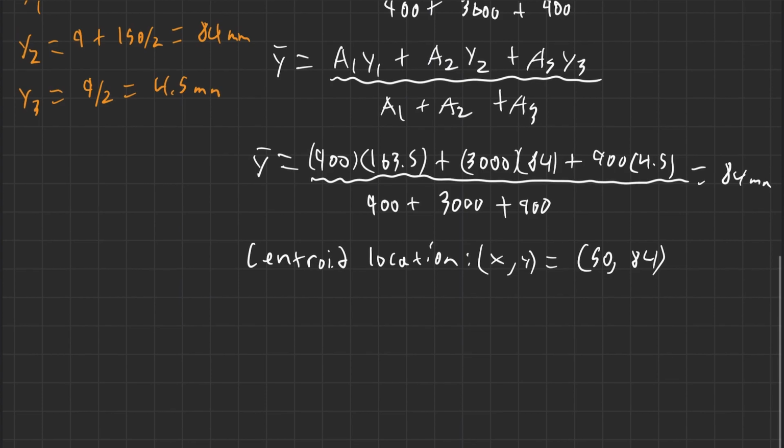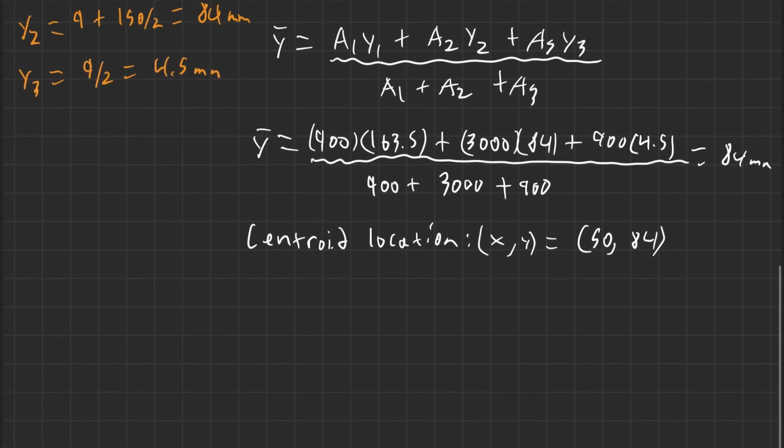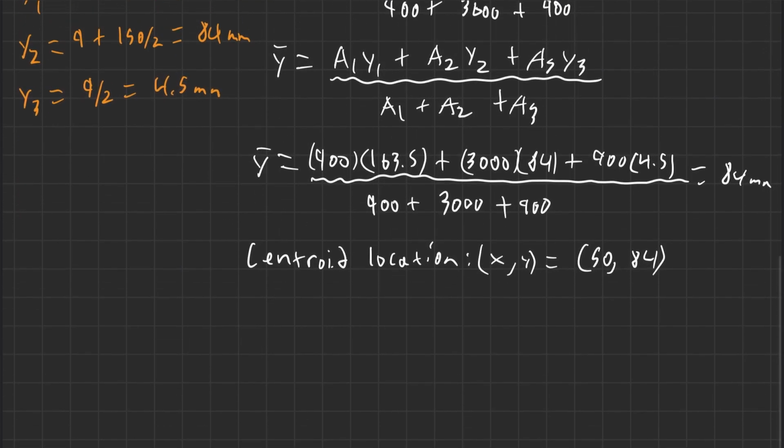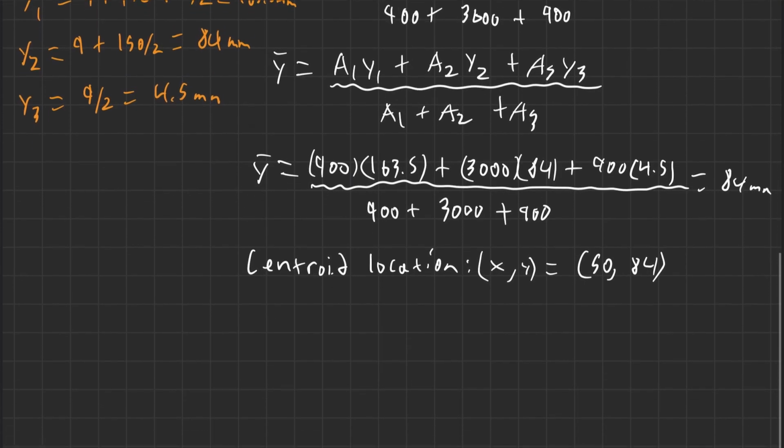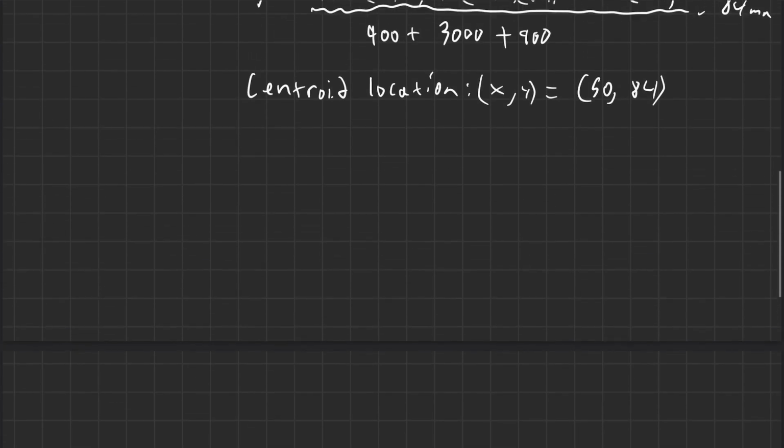So let's continue on now that we have our centroid location. The things we need to find now are the x moment of inertia and the y moment of inertia. So the formulas needed for those are, when you're finding the x moment of inertia, I'll just add a page here.